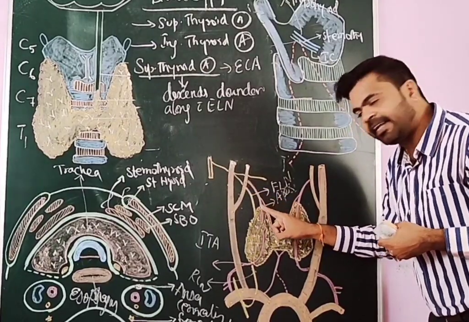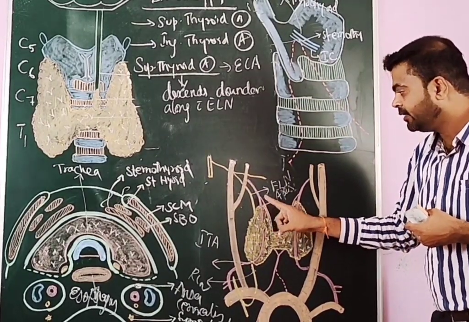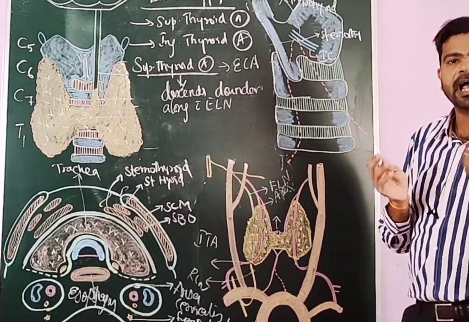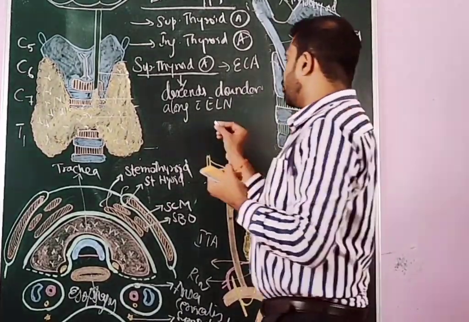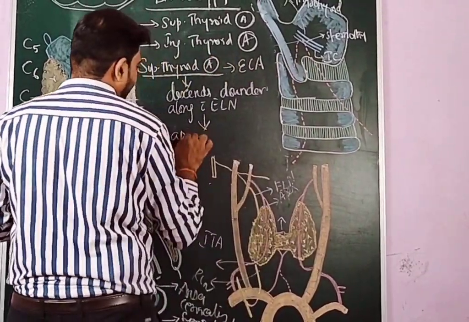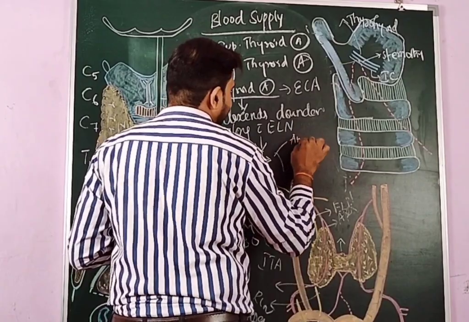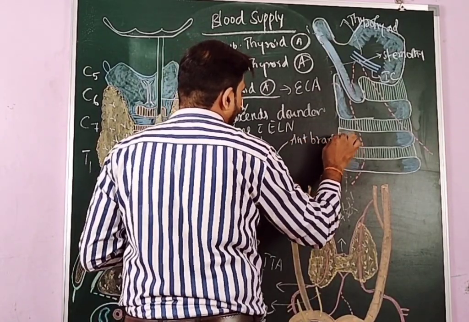Once it reaches the apex of the thyroid gland, this superior thyroid artery divides into two branches, anterior branch and posterior branch.